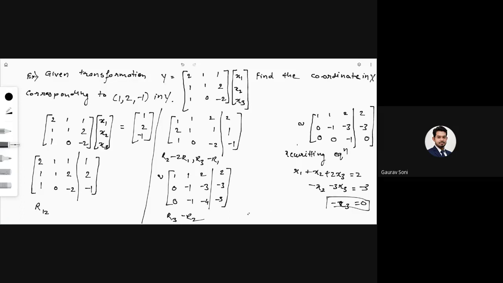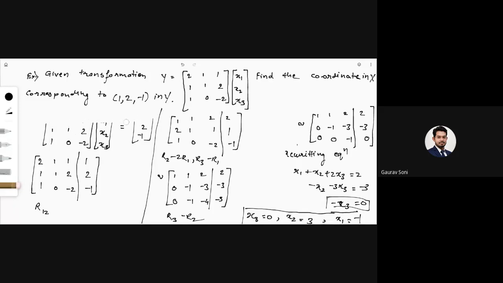Which gives me x3 = 0, x2 will become 3, and x1 will be equal to -1. So clear with the process?